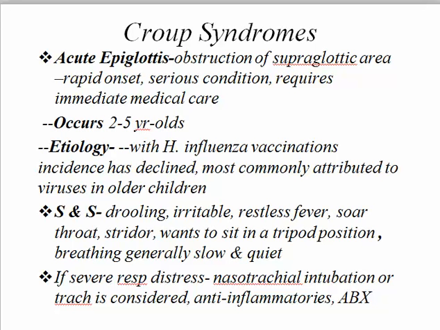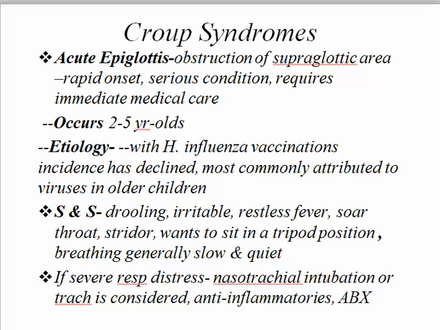Epiglottitis is a serious condition that requires immediate medical care, and it has a very rapid onset. With acute epiglottitis, there's obstruction of the supraglottic area, and it occurs most frequently in children between the ages of 2 and 5 years.